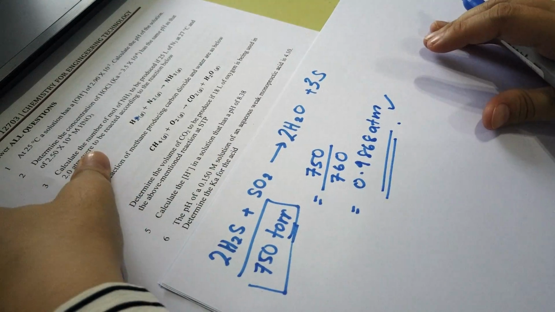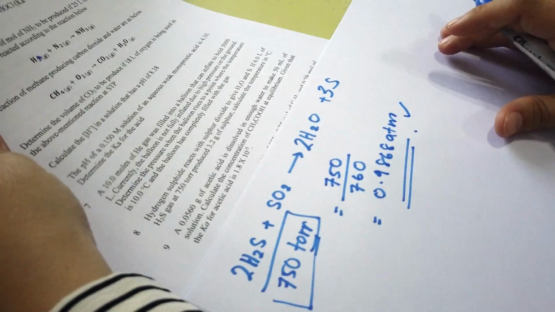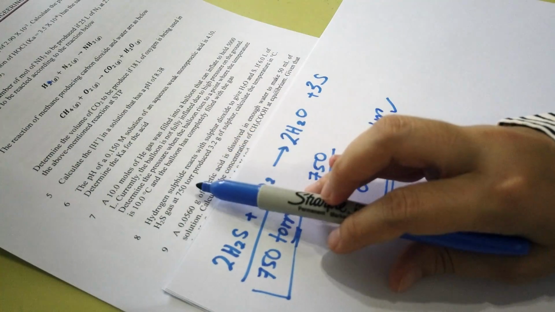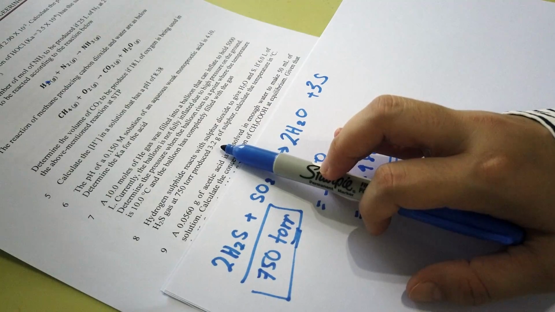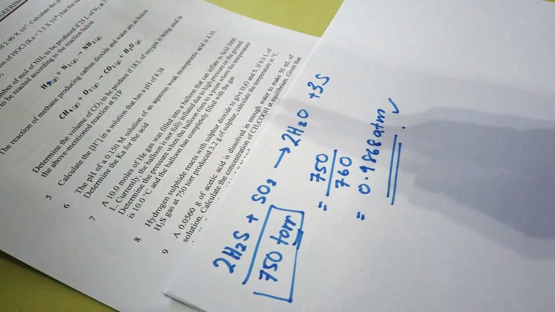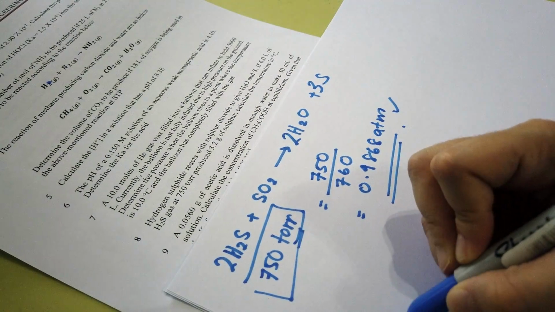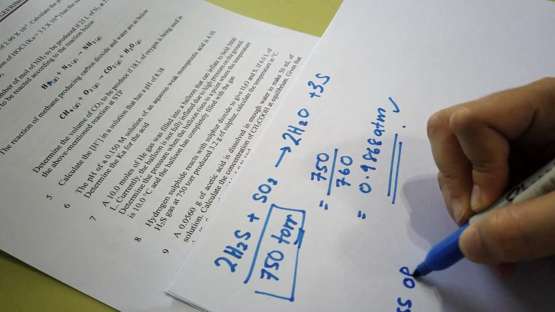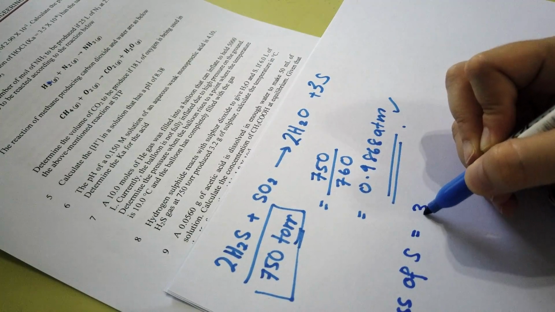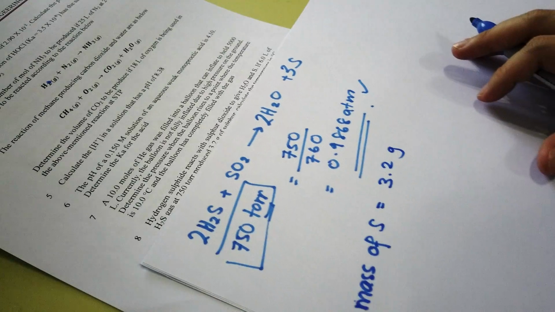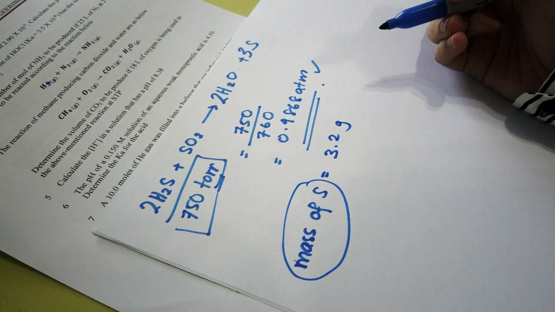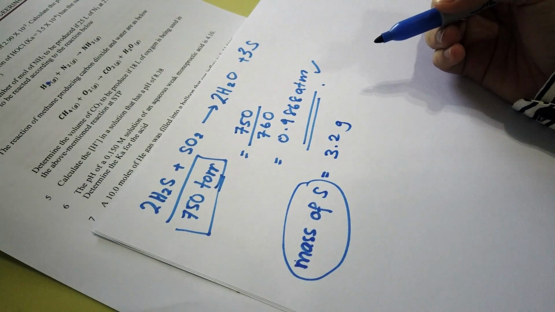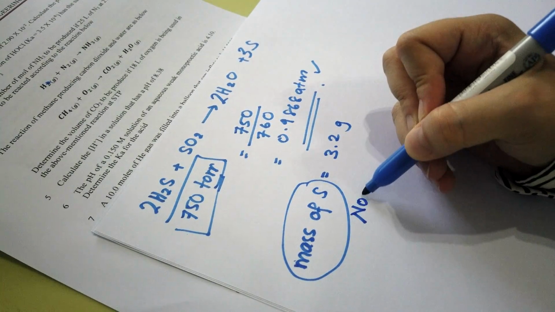So now, what else is given in the question? The amount of sulfur being produced is 3.2 gram. So the mass of sulfur is 3.2 gram. Therefore, from the mass, what we can actually get is the number of mole.